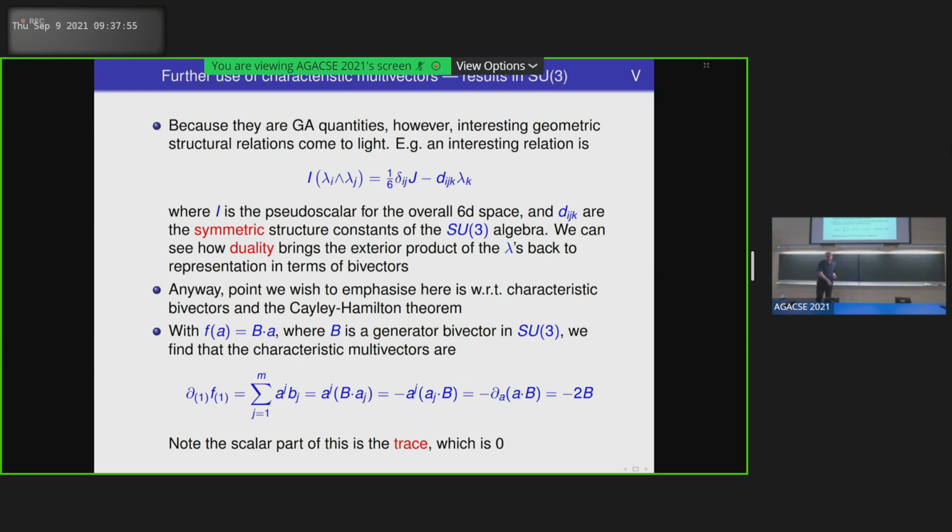I've gone through them here. The first one is something intrinsic to the space, and it returns -2 times the bivector. So that's fine. It just returned the bivector. And the scalar part of this object, which would be the trace in the conventional matrix approach, is of course 0. So that fits in.